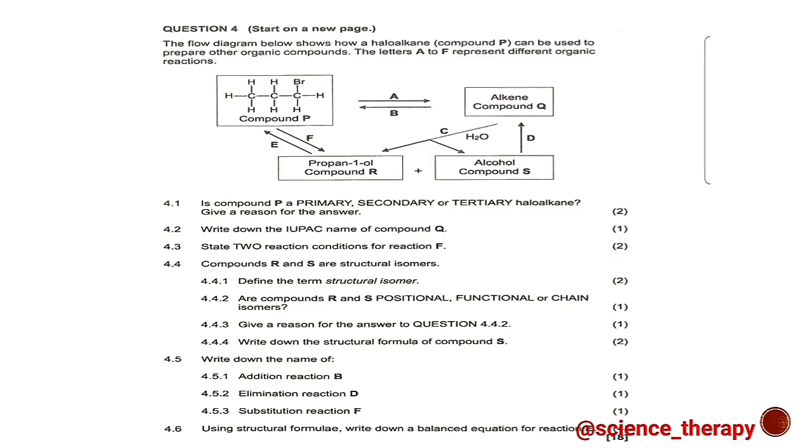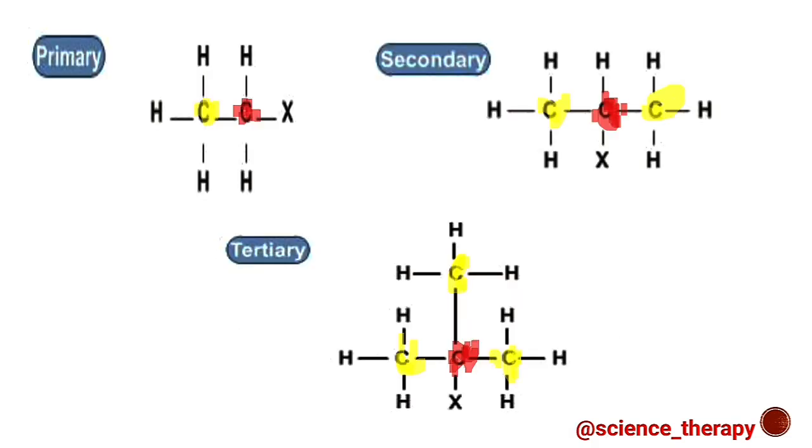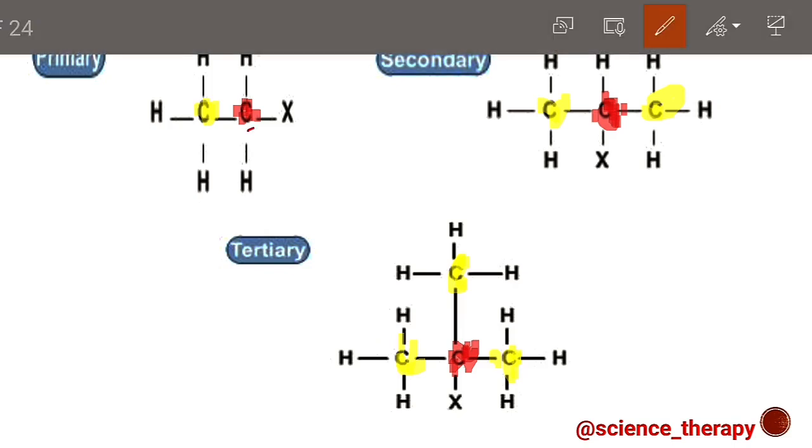Now 4.1 says, is compound P a primary, secondary or tertiary haloalkane? Give a reason for the answer. Now before we can give an answer to that one, let's check and understand what are primary, secondary or tertiary haloalkanes. Now we say a primary haloalkane is whereby the carbon that is bonded to the substituent is only bonded to one other carbon.